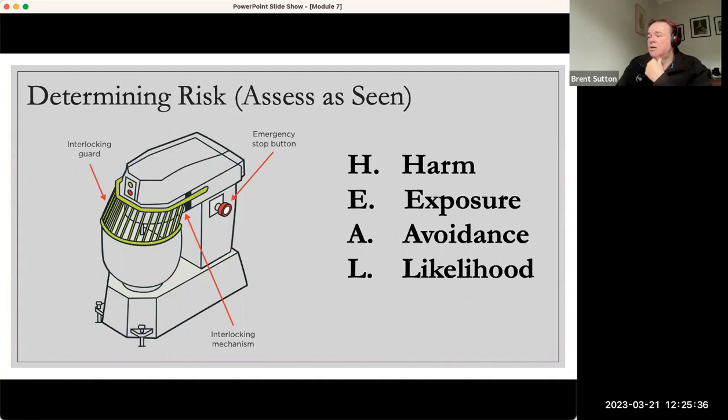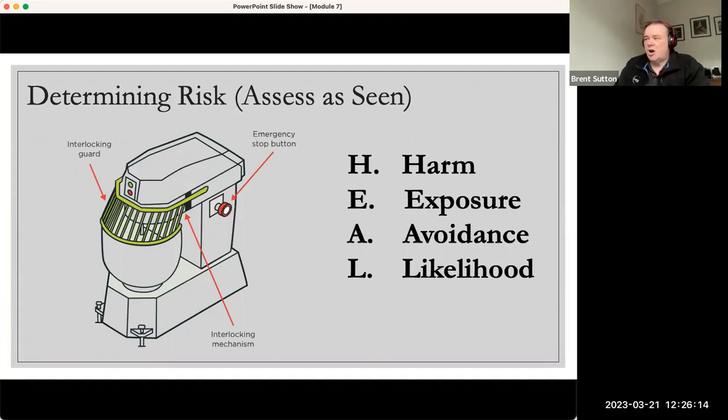So this is where harm is directly affected, because exposure remains the same. So exposure to the hazard is constant. Avoidance to it is they can avoid it because it's likely and there's low probability. But in this case, because the interlock removes the energy, if that energy is gone before the worker can reach the danger zone, then the harm is going to be on the minor end of the scale.